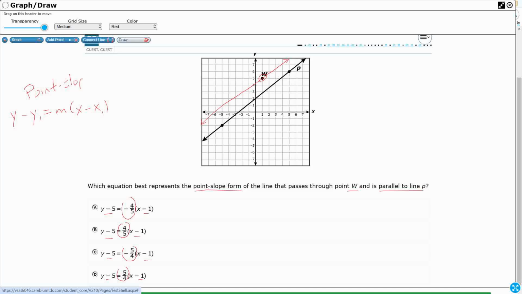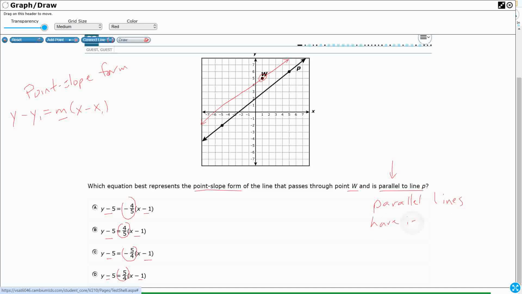So in this point-slope form, there's one thing that we need to know, and that is, what is our slope? Well, like I said, we can't use my drawing because it wasn't perfect. We get our slope from this clue right here: it's parallel to line P. And what we need to know is that parallel lines have identical slopes because they have the same rise over run.